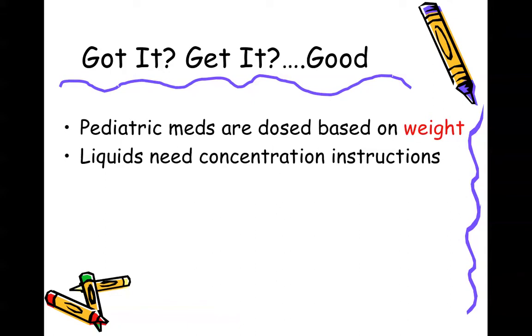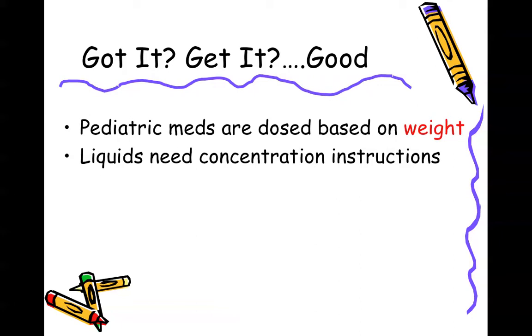Liquids will need concentration instructions always. If you are going to prescribe a liquid, you should do this, and this is especially important for a discharge prescription, so that you tell everybody the concentration that you want. And this is important from a safety aspect because unfortunately the drug manufacturers that make the same drug, but different manufacturers, have sometimes different concentrations.